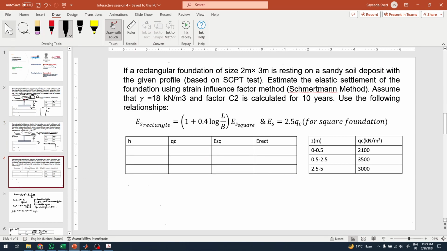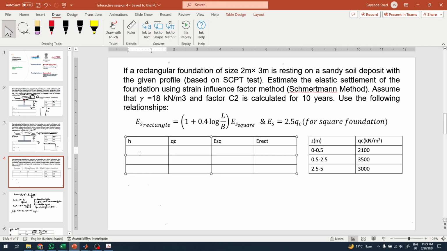So our H in this case is 0.5. In this case, it is 2. And in this case, it is 2.5 meter. Let me mirror this here. 2100, 3500, and 3000.